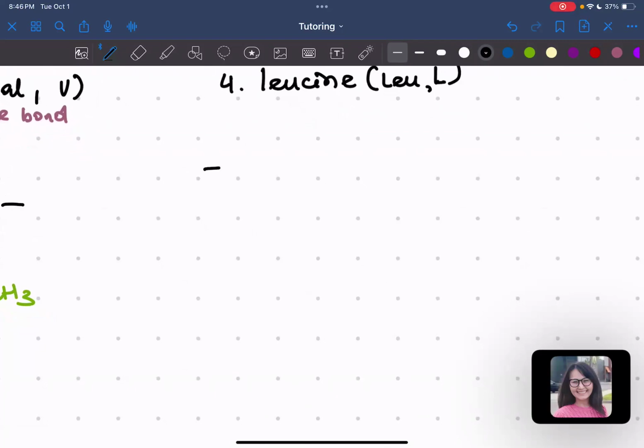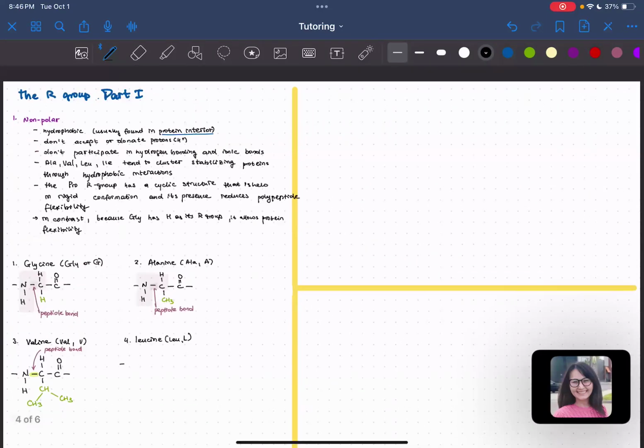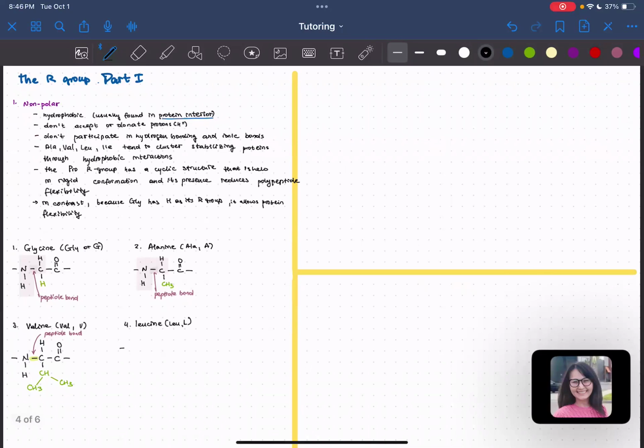Why? Because they're hydrophobic. And why do they not form hydrogen bonds and ionic bonds? Because they do not participate in donation and acceptance of protons.